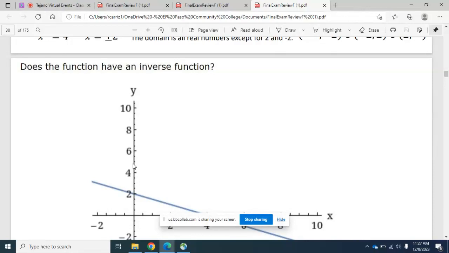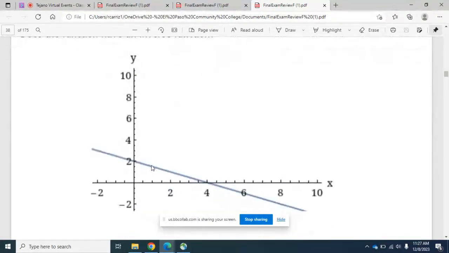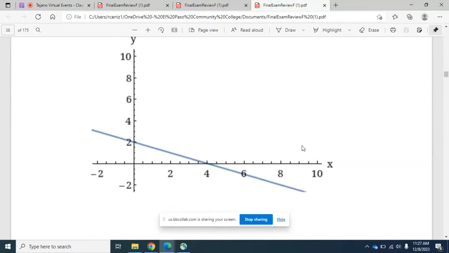So that's how we would test a graph to see if it has an inverse. What we would do is perform a vertical line test. And if our imaginary vertical line only crossed our graph once, then it meant that it did have an inverse. So if I would do that to the graph that is given here, I would see the imaginary vertical line would cross my graph only once. So that means that this graph has an inverse.